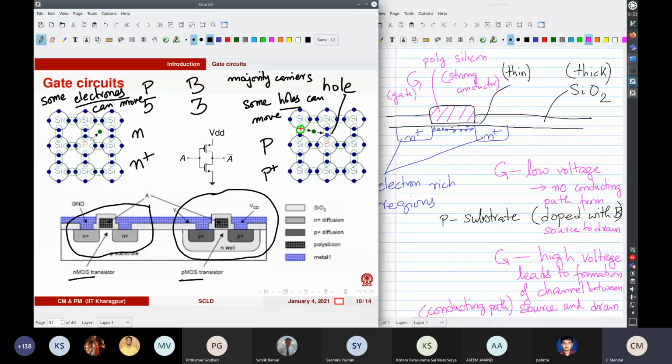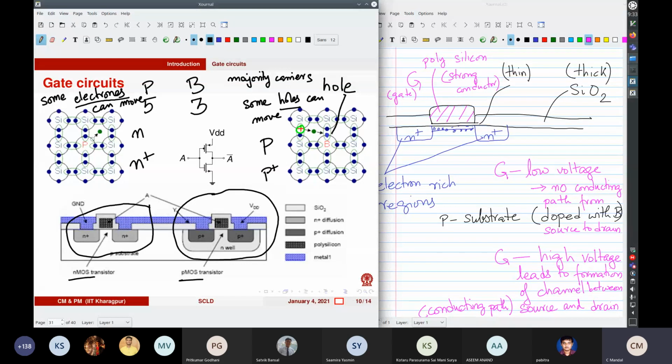If your gate is at a high voltage, it will repel those holes, and if it is at a low voltage, it will attract the holes.